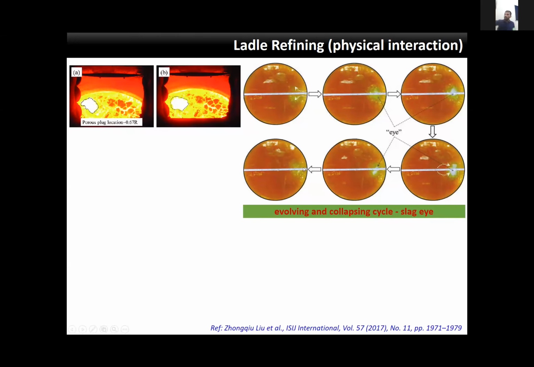This evolving and collapsing cycle happens up to a critical argon flow rate. When you cross the critical argon flow rate, there will be a persistent slag eye formation. The slag eye will be persistently present and will not follow the evolving and collapsing cycle.